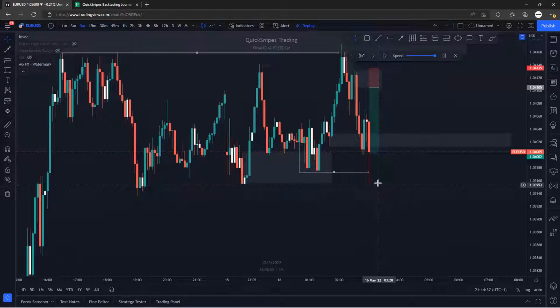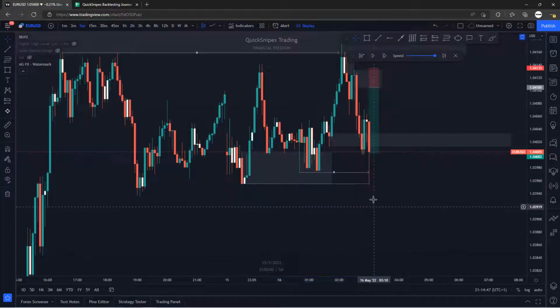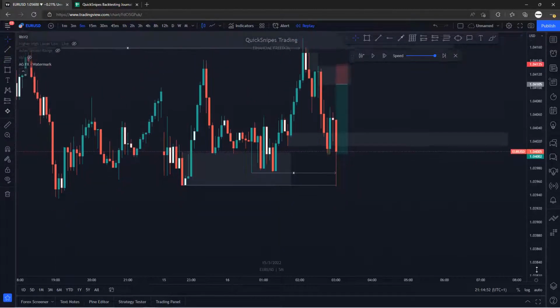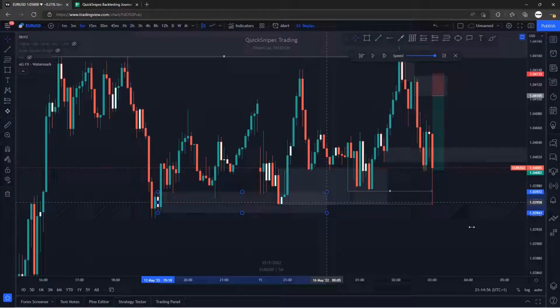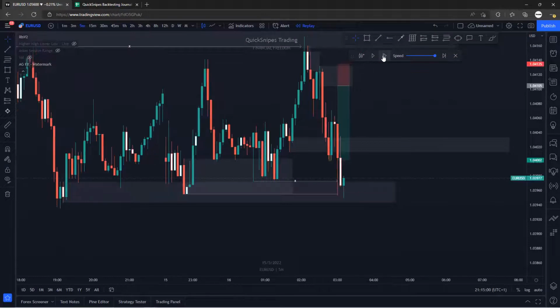Now, this low over here, we've actually seen to form, in a way, equal lows. It wouldn't be strong enough to call it a sweep exactly, because we still have this demand in play. We need to see that fail if we want to enter any sells.